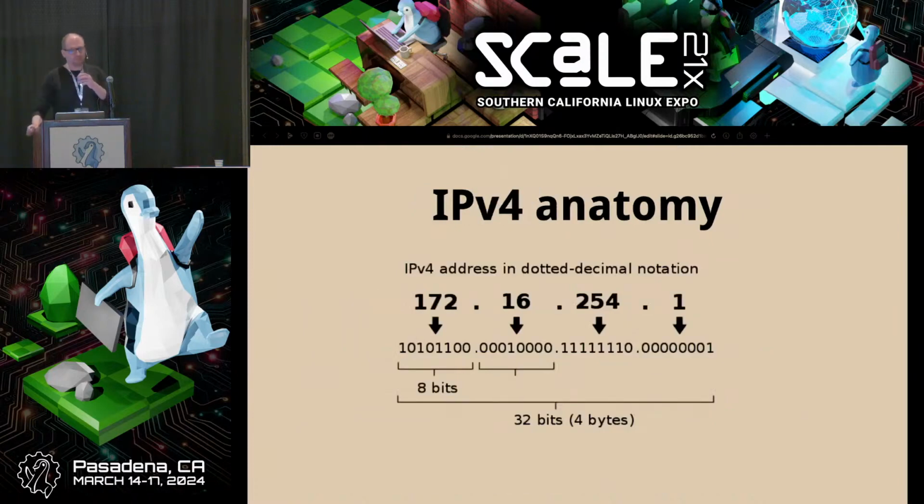This is the anatomy of an IPv4 address. It's got four 8-bit octets, they're called. And the entire IP address is 32 bits, which means each field can have a value from 0 to 255.